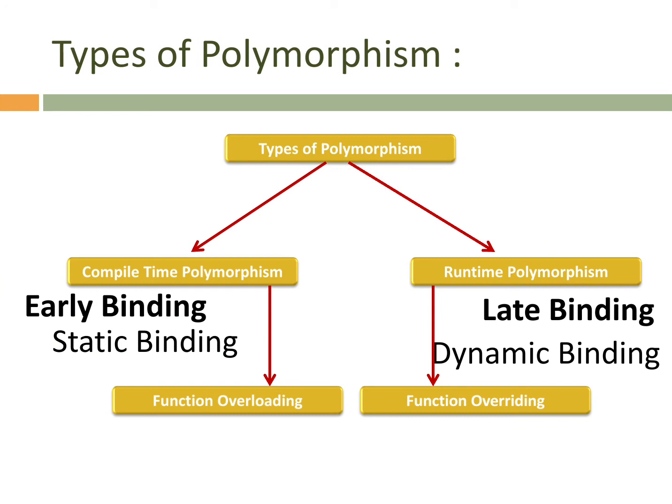The same thing applies in runtime also. When we have one function name in one class and another function in another class, and we inherit it, the base class and derived class both have the same function, then overriding occurs.